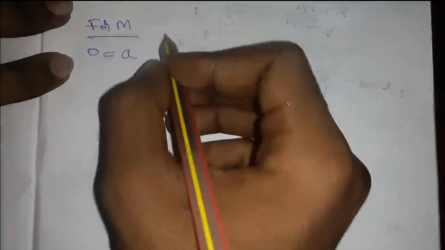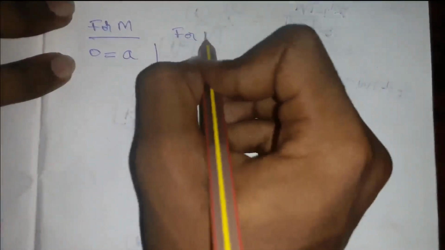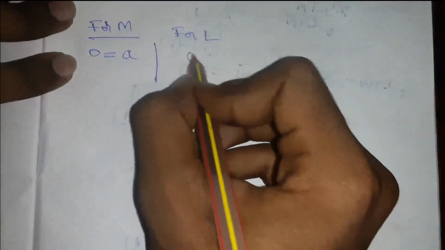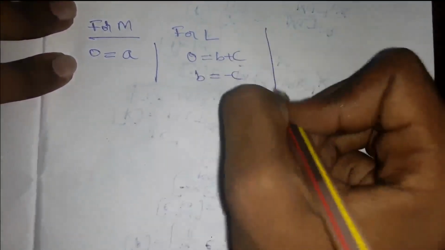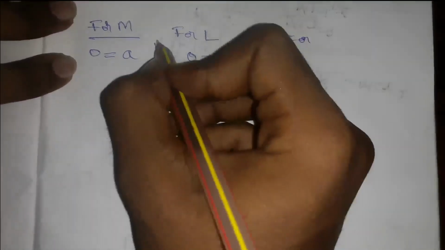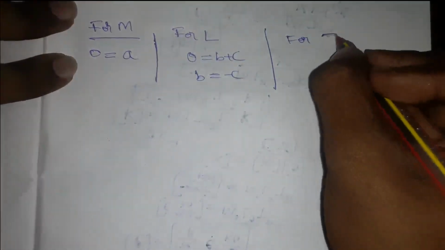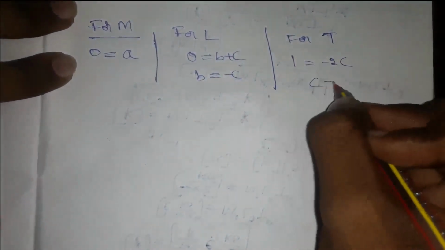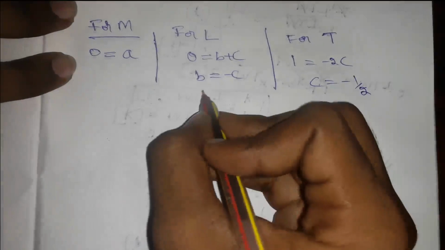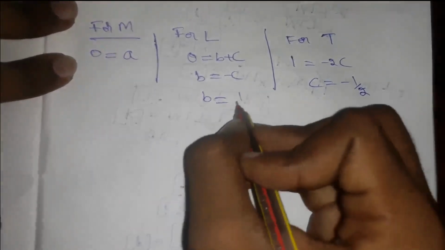Then we get 0 is equal to a, and for L we get 0 is equal to b plus c, that is b is equal to minus c. For T we get 1 is equal to minus 2c, that is c is equal to minus half. So b is equal to plus half.